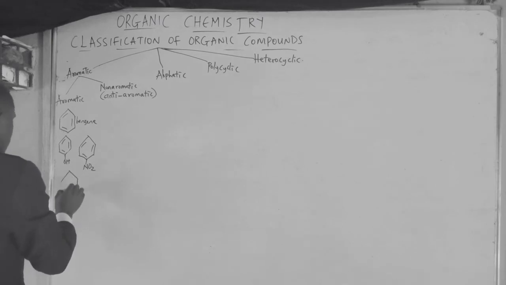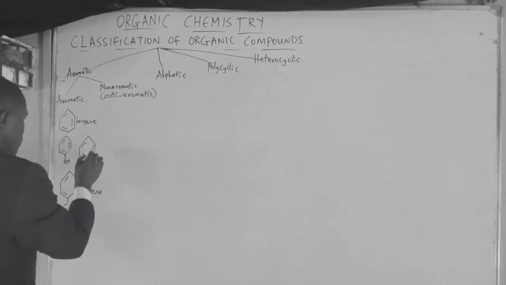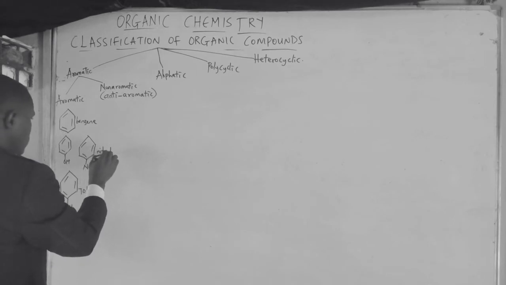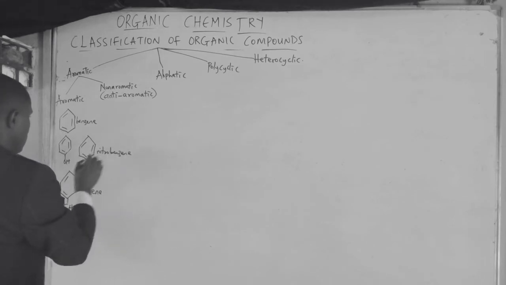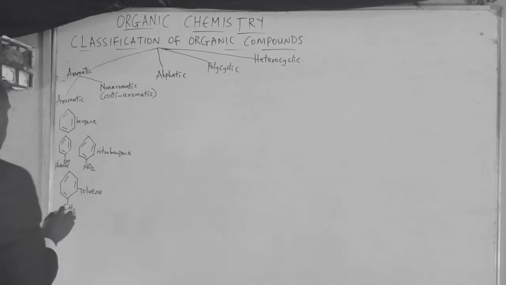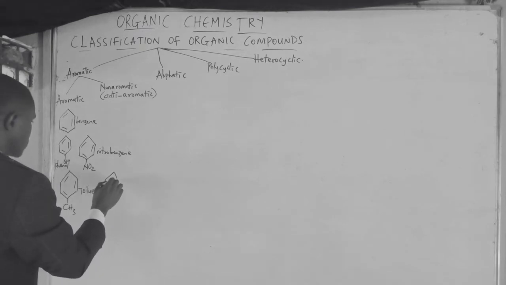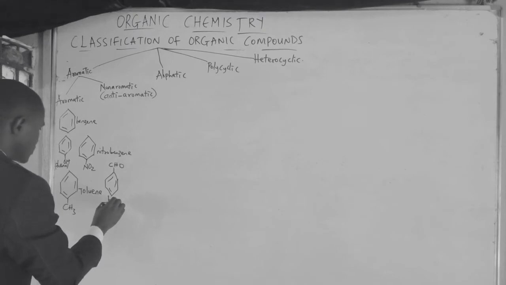Then we also have toluene. This is toluene. This is nitrobenzene. This is phenol. Then we also have benzaldehyde. This is called benzaldehyde.